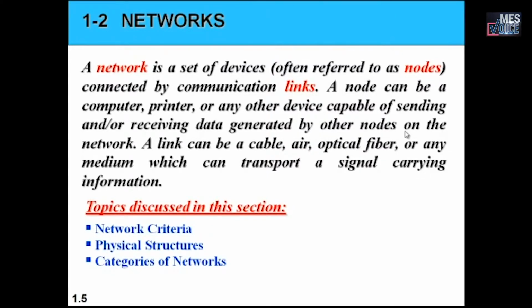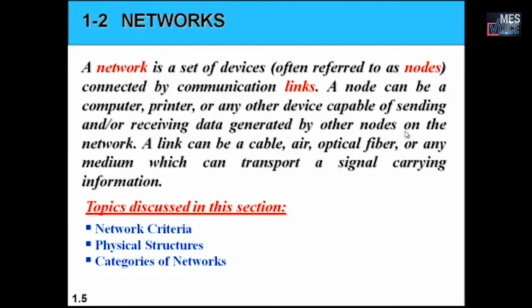And now coming to the topic networks. We know that a network is a set of devices, often referred to as nodes, connected by communication links. A node can be a computer, a printer, or any other device capable of sending or receiving data generated by other nodes on the network.